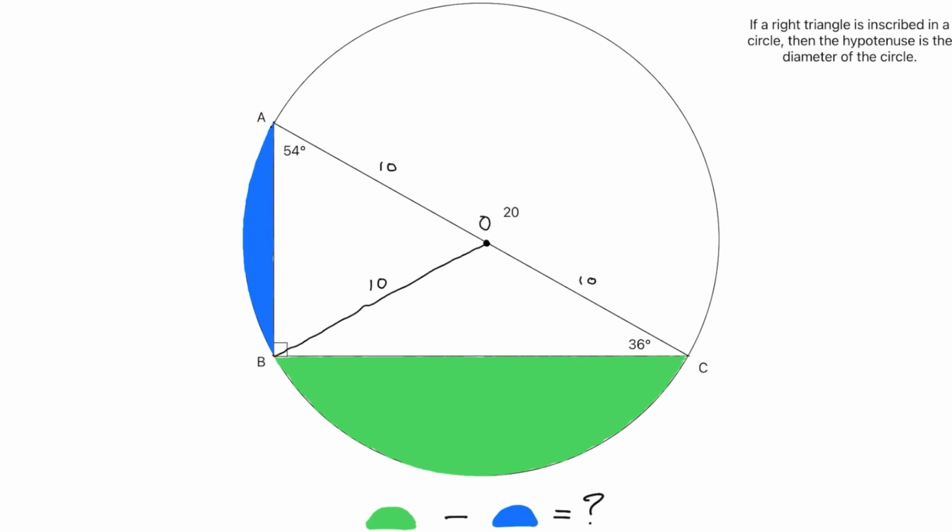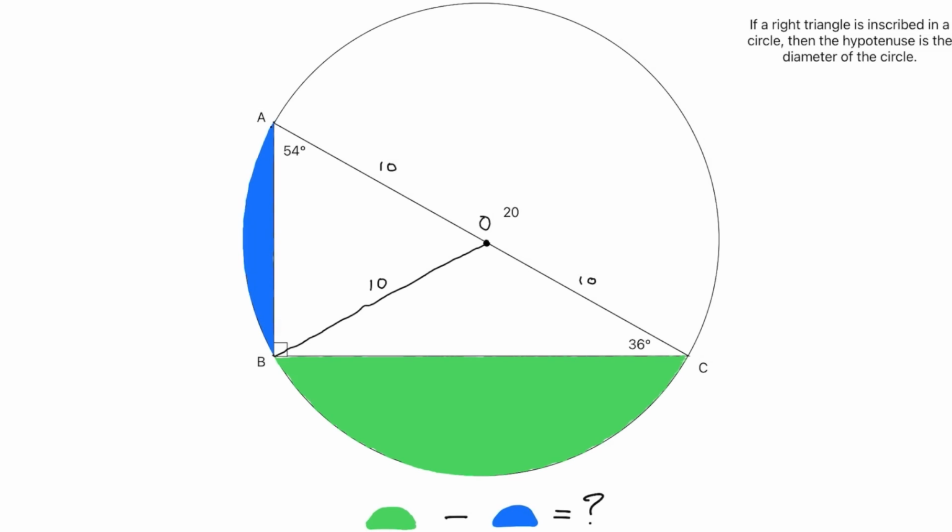Next, we'll start finding some angles. Let's look at triangle OAB. We can say that this is an isosceles triangle because we have two sides of this triangle, specifically OA and OB, that are congruent. They're both of length 10. From this, we can conclude that the base angles of this triangle are also congruent.